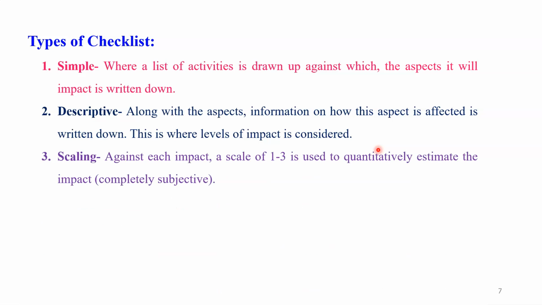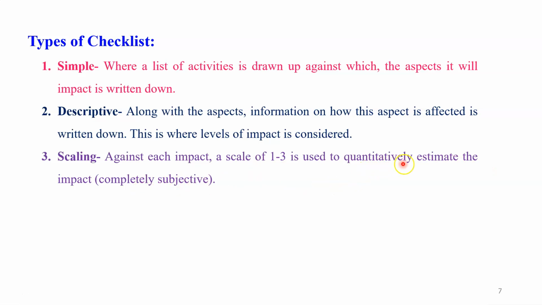Third is the scaling. Scaling is another important type of checklist. In this checklist, against each impact, we use a scale of 1 to 3, or based on the nature of your work, you can enlarge the scale to 1 to 5 or 1 to 10, but generally we use the scale 1 to 3 to quantitatively estimate the impact, instead of being completely subjective.